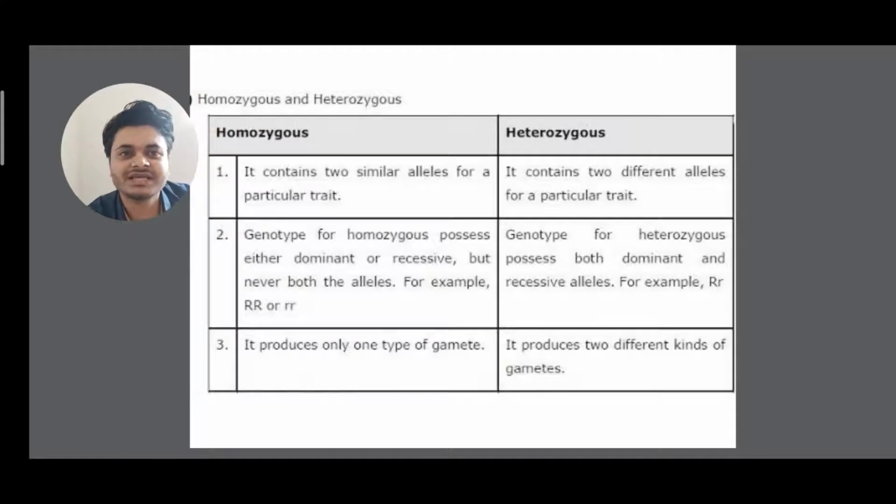Either it will be dominant, or recessive. For example, capital R capital R, or we can consider capital T capital T or small t small t. But the genotype of a heterozygote possesses both dominant and recessive alleles. For example, we can consider the F1 hybrid of the monohybrid, that is capital T small t, the hybrid one, isn't it?